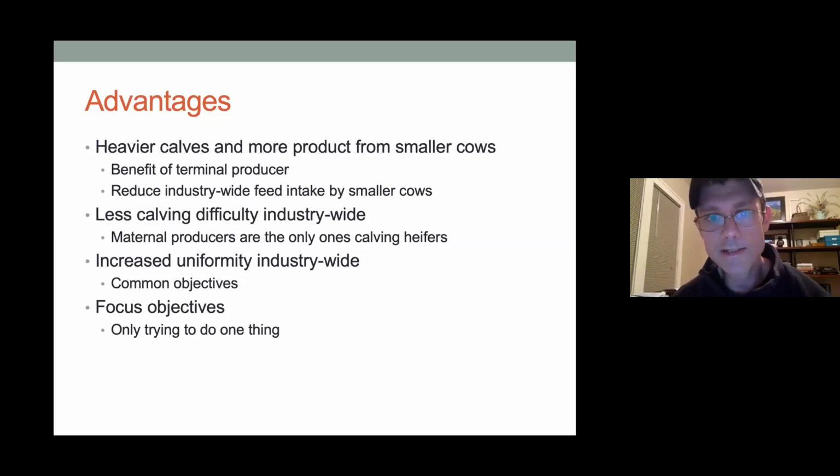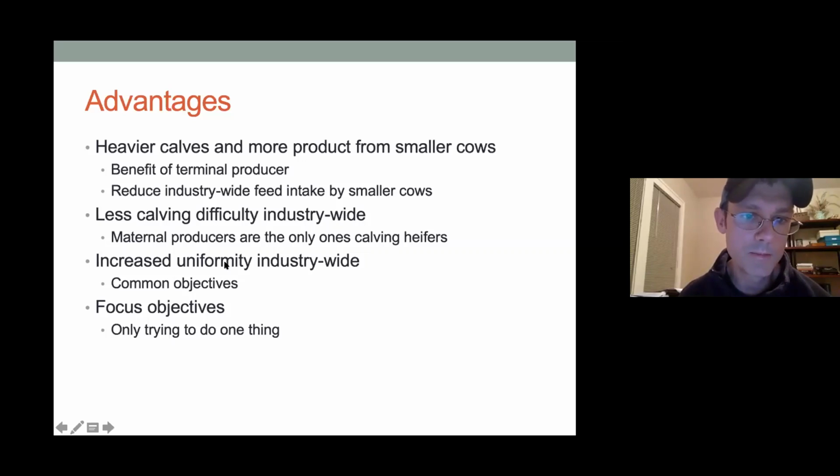I put on here less calving difficulty, and that presumes that if you purchase females, you're not purchasing replacement heifers. They're actually older females, perhaps females that are 3 years of age or older. And so the benefit then is you should have reduced dystocia and actually not have some of the breedback problems you might have with younger females.